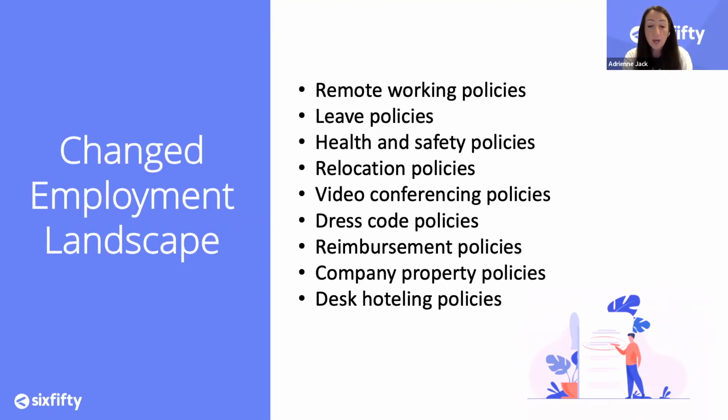And so a robust company property policy can consider how employees can use company property, such as laptops and phones, whether employees can use that property for personal use, if there are any limitations on using that property for personal use, and then when and how employees are required to return company property to the workplace, either if the company is returning to the office or if their employment is terminated, when and how they should return that property to the workplace.